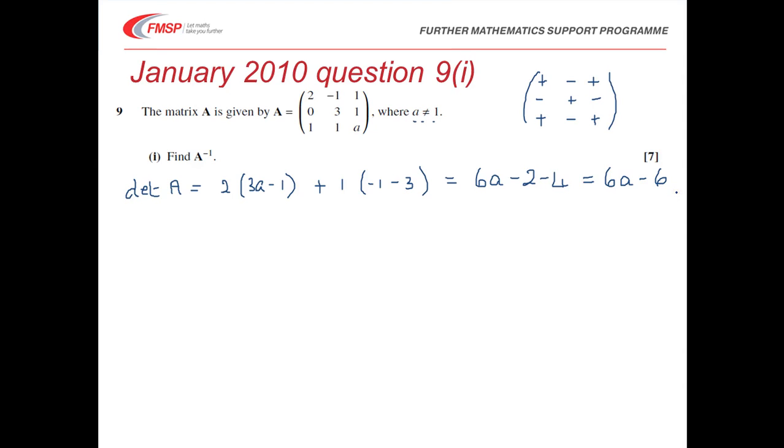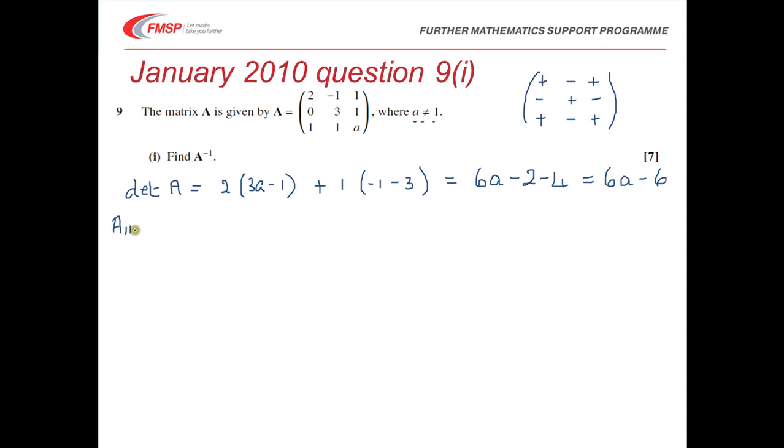So once we've found the determinant and it's not equal to 0, we know we can find the inverse. What we now need to do is find the matrix of cofactors. Then the rows and columns are interchanged to find the adjoint matrix, and then we need to multiply that by 1 over the determinant. So let's find the cofactors.